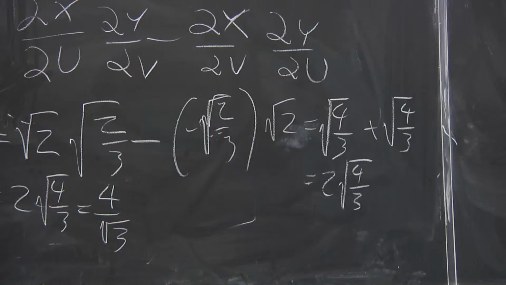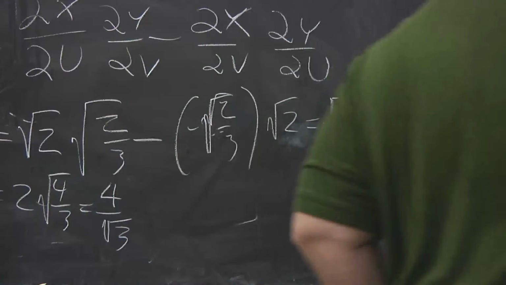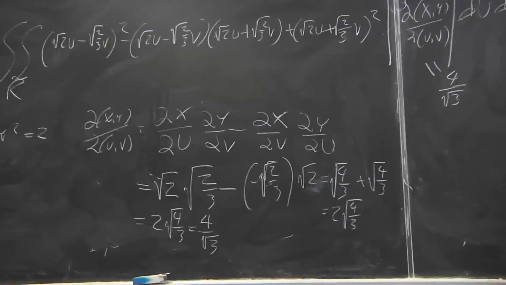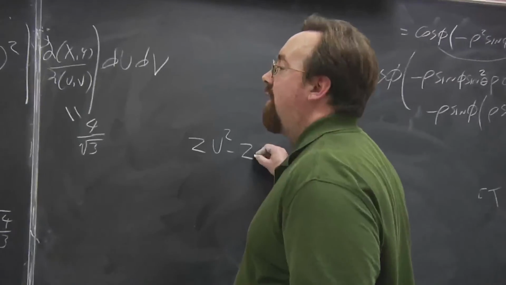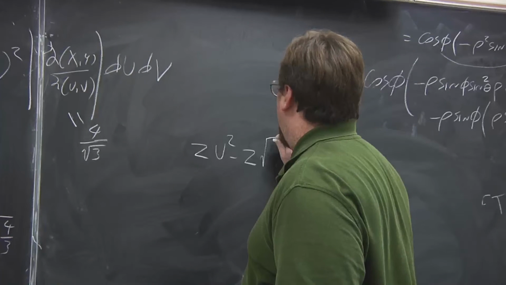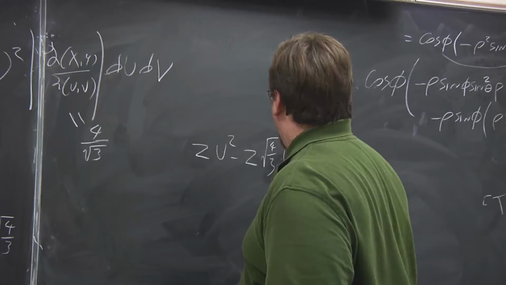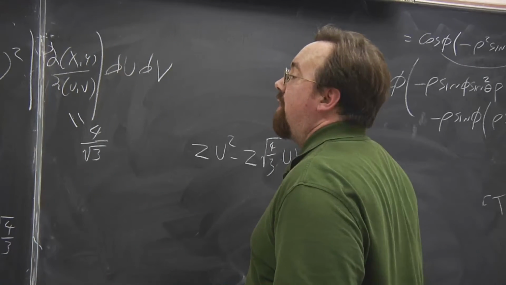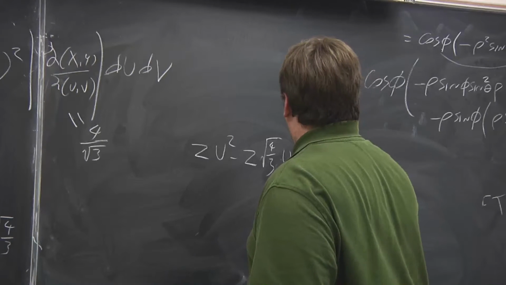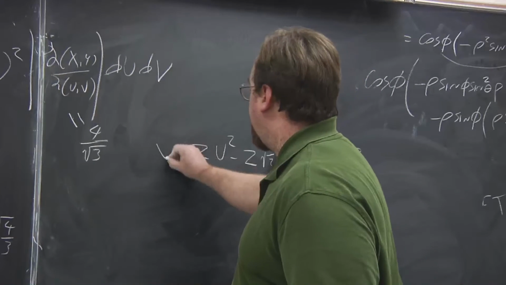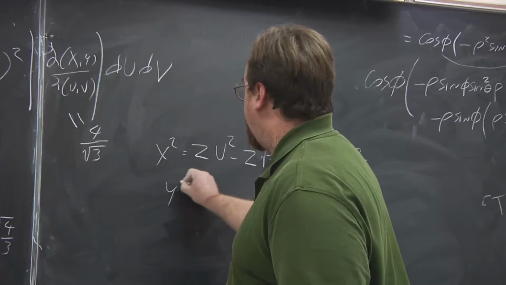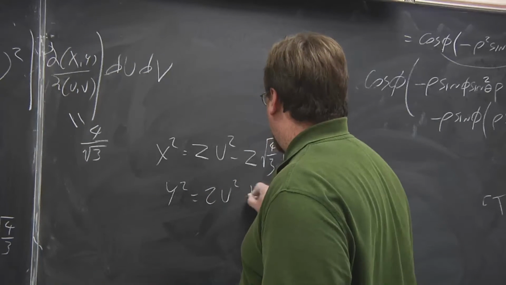All right. Okay, so what we have here, if we multiply this out, we're going to get 2u squared minus 2 square root of 4/3 uv plus 2/3 v squared. This is x squared. Y squared is going to be the same thing except with a plus in the middle.